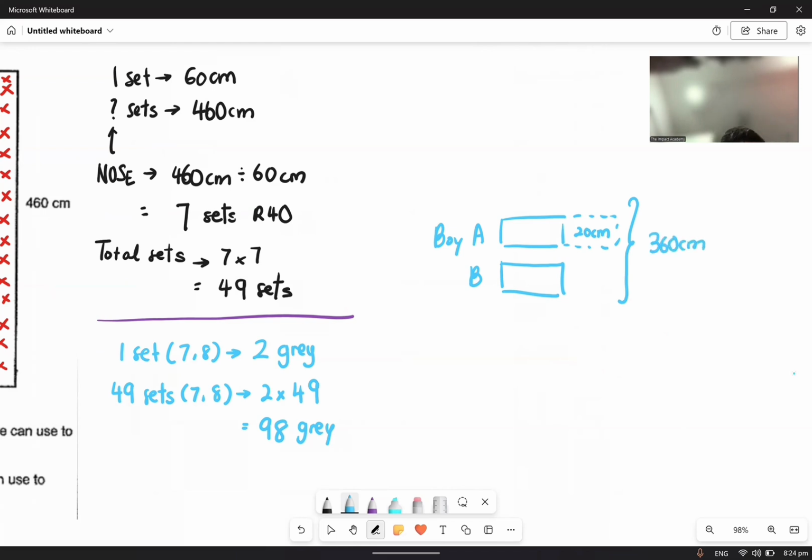In order for me to find A and B, we remove away 20 first. This 20 is what I call my extra. Am I making sense? When I do that, I can find what this is already.